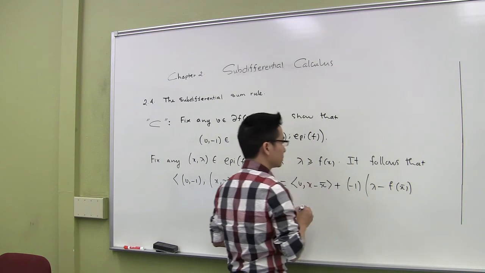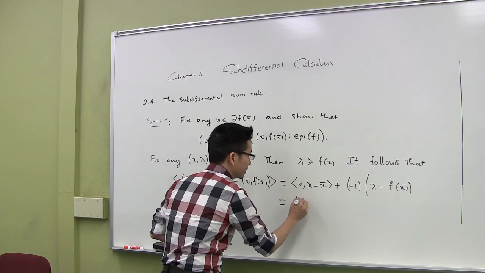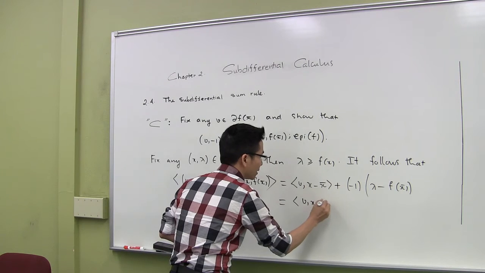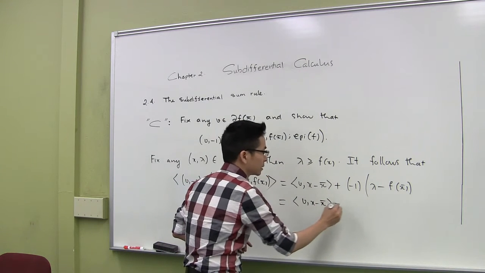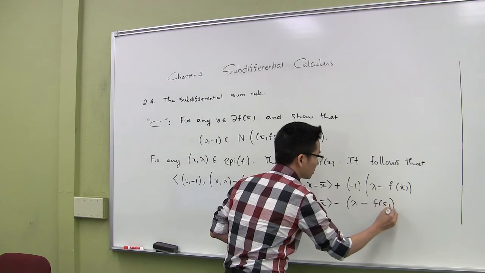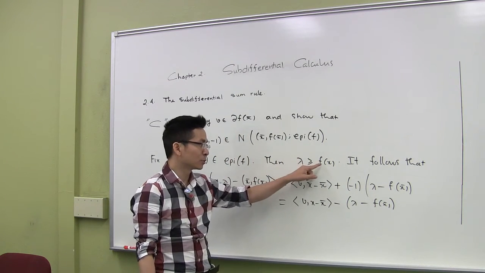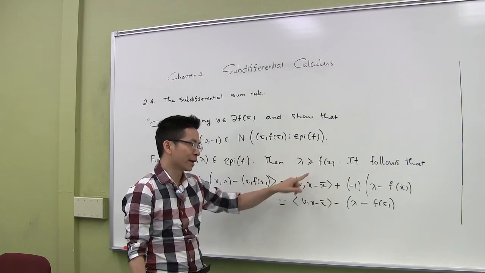So this is equal to the inner product of v and x minus x bar minus (lambda minus f(x bar)). Note that lambda here is greater than or equal to f(x).